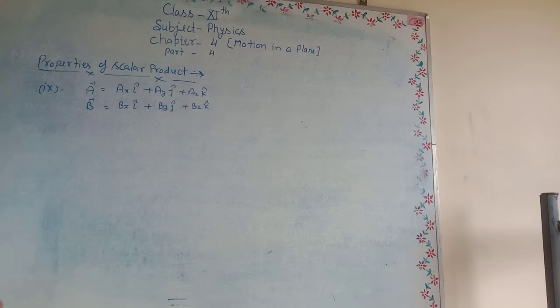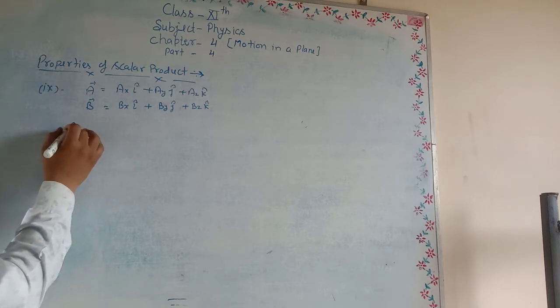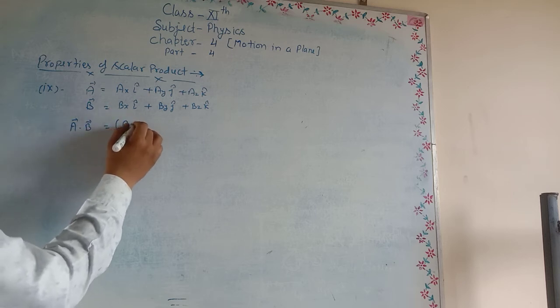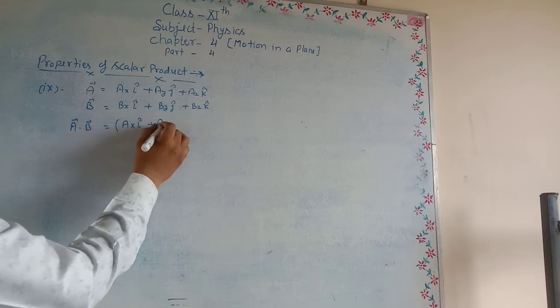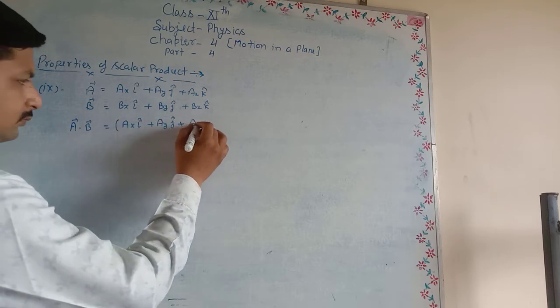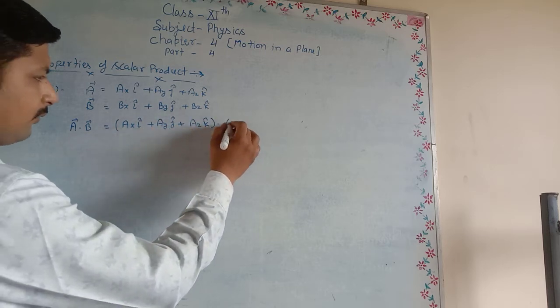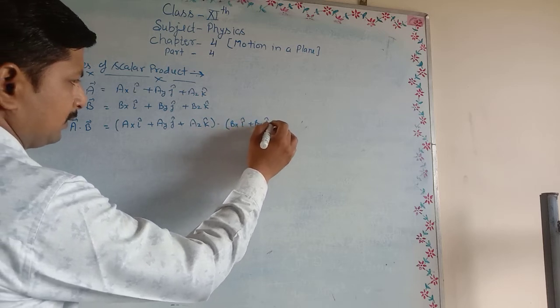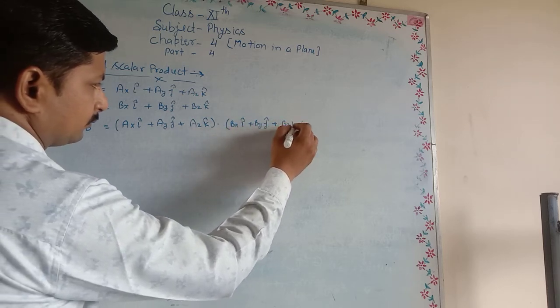Okay students, how can we find its dot product? A dot B is equal to (Ax i plus Ay j plus Az k) dot (Bx i plus By j plus Bz k).